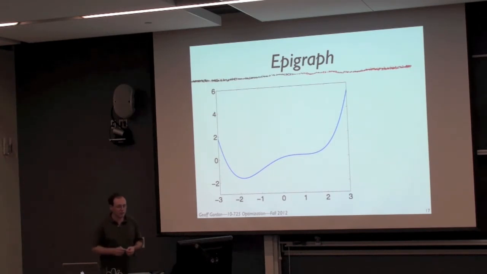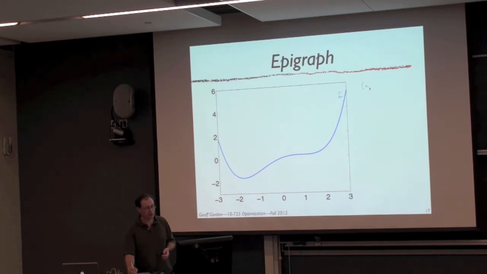All right. So what I'm going to do now is connect convex sets to convex functions. The epigraph of a function is defined as follows. We have some function f, and the epigraph is defined to be all of the points (x, t) such that t is greater than or equal to f of x.